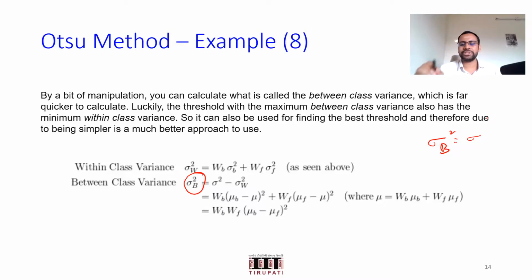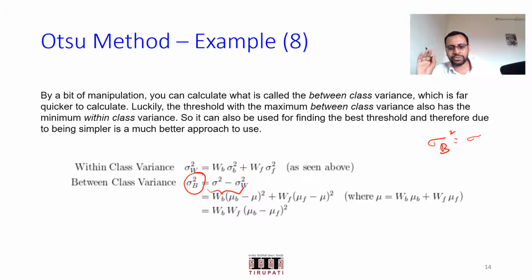You compute the whole variance of the entire set of pixels. You don't put any threshold there. For the entire image, you compute the variance. And you subtract the within class variance from that.